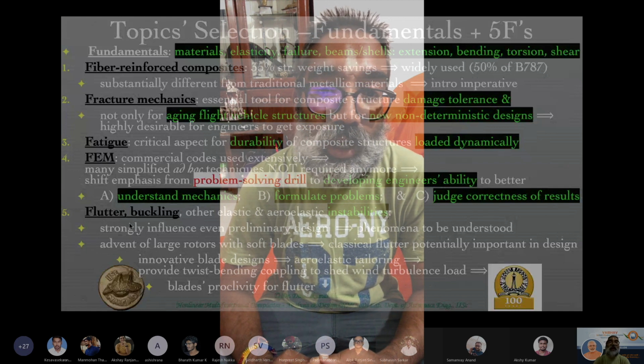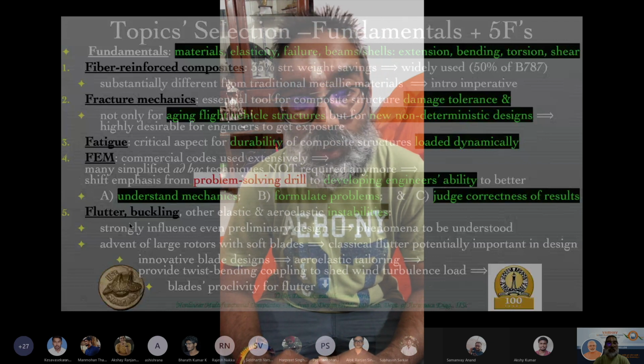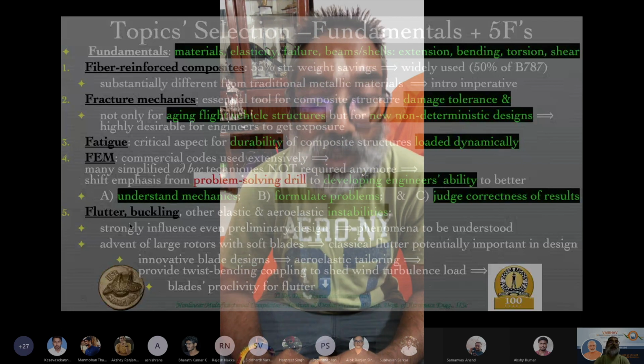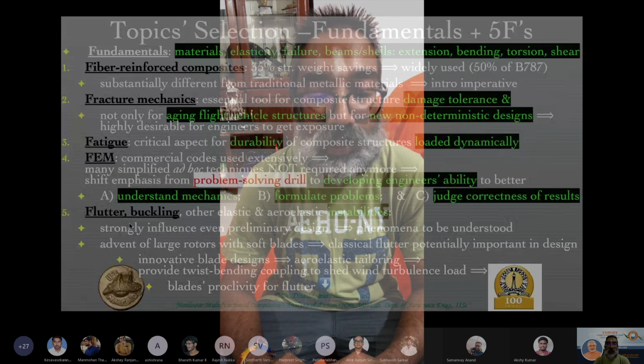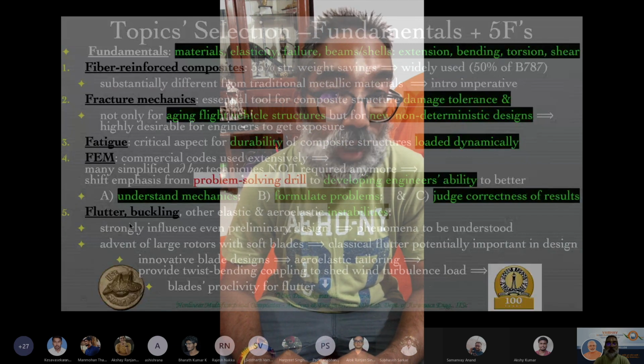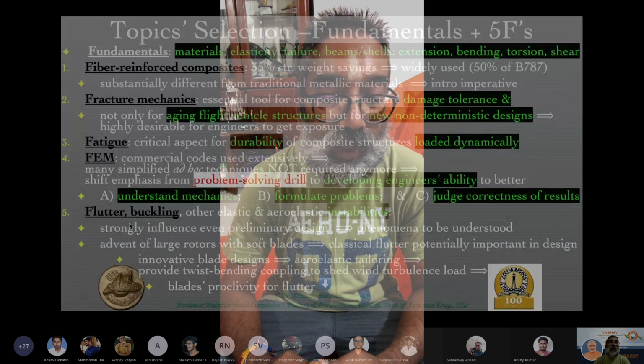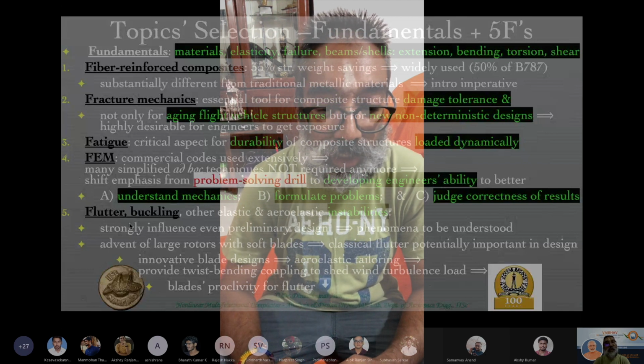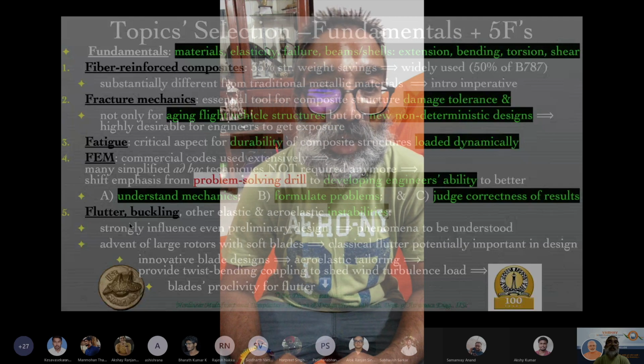In other words, they are allowed to bend in order to improve their efficiencies, or even twist. So in such situations, we need to understand how to take advantage of some of these things. One is, of course, to avoid instabilities like flutter, which could be damaging. But can we take advantage of, for example, the twist-bending coupling?